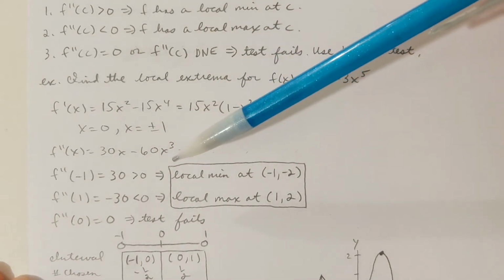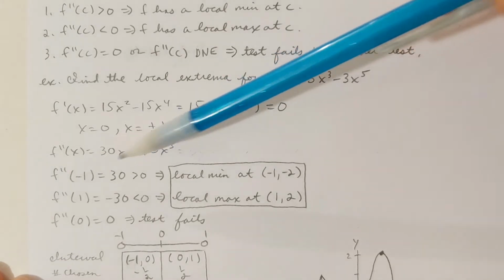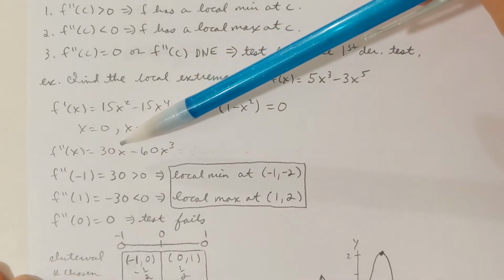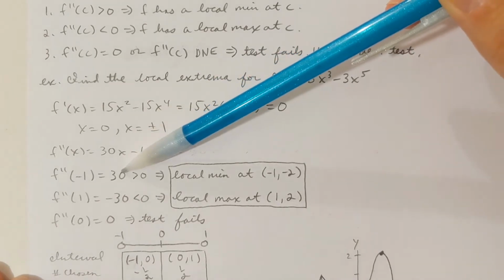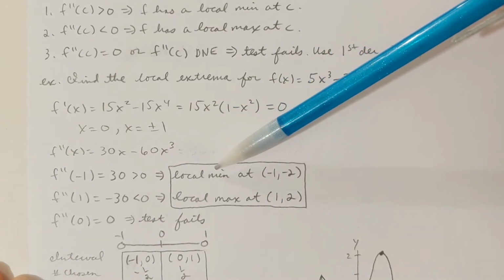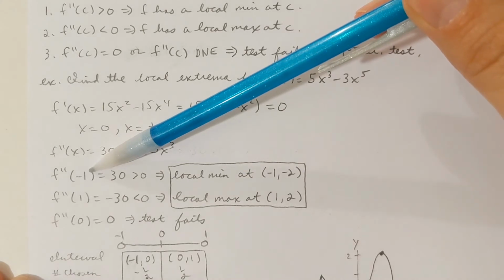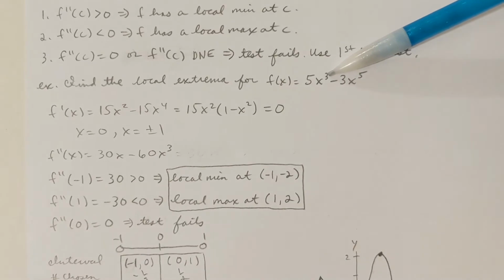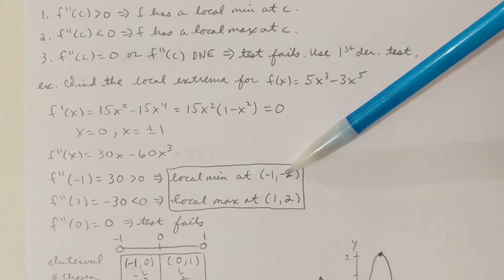So let me plug these three critical values into f double prime. If we plug in -1 into f double prime, we get -30 plus 60 is 30. 30 is positive, and so that will imply that I have a local min at x equals -1. If x is -1 and you plug that into the function, you'll have -5 plus 3 is -2.